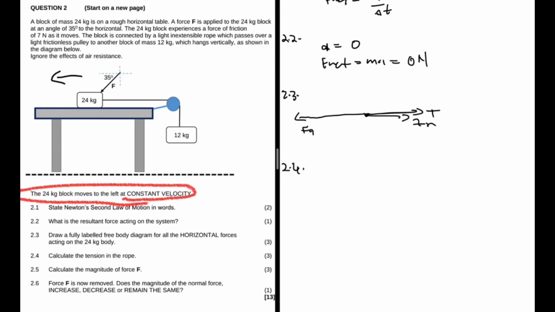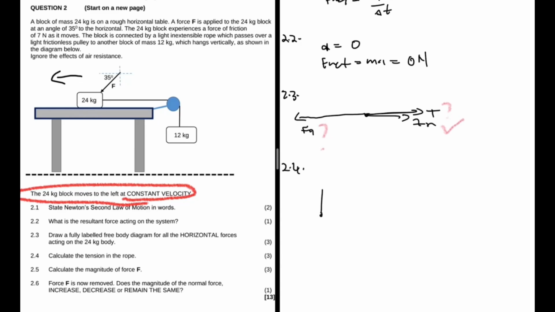And then 2.4 is saying calculate the tension in the rope, right? For our 24 kg block, we don't know what the tension is. We know what the friction is, but we also don't know what the force applied is, right? But for our 12 kg block, let's have a free body diagram for our 12 kg block.